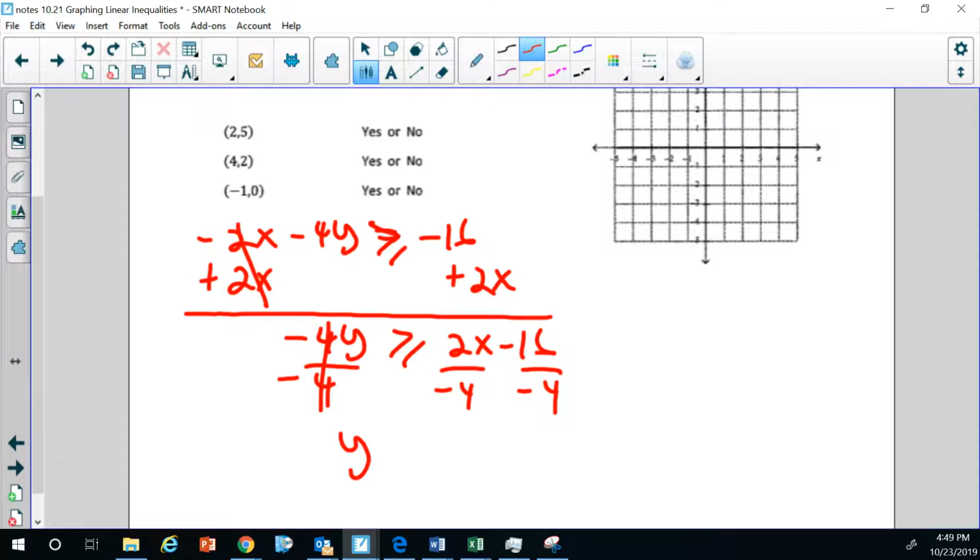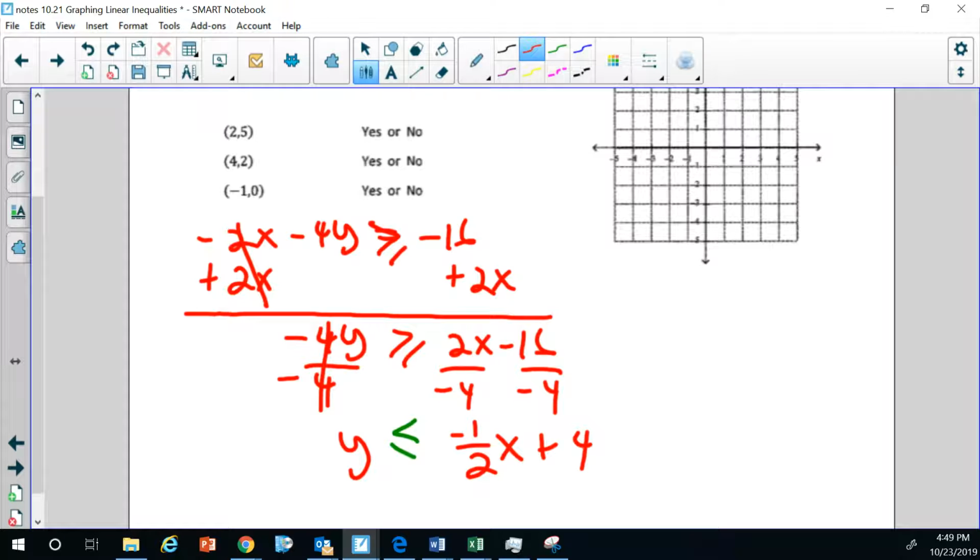But here we go: I'm dividing by a negative number, therefore my sign is going to change, so less than or equal to. 2 divided by negative 4 is negative 1/2 x, plus 16 divided by negative 4, which gives me a positive 4.